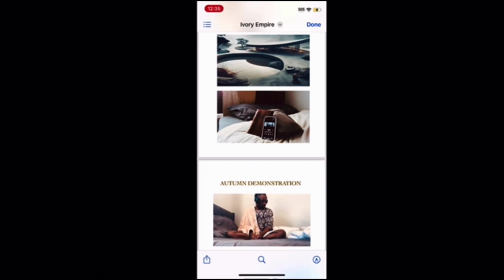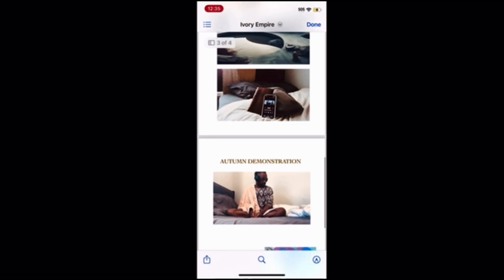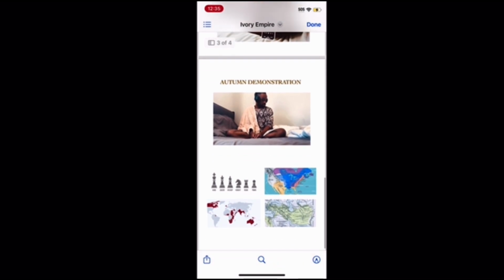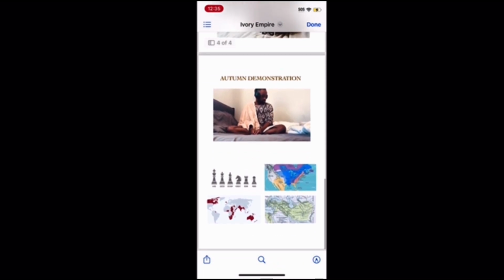As I'm also constructing the Ivory Empire, the six points on the Star of David represent in this design the six waves of British colonization, because the British also colonized Persia.